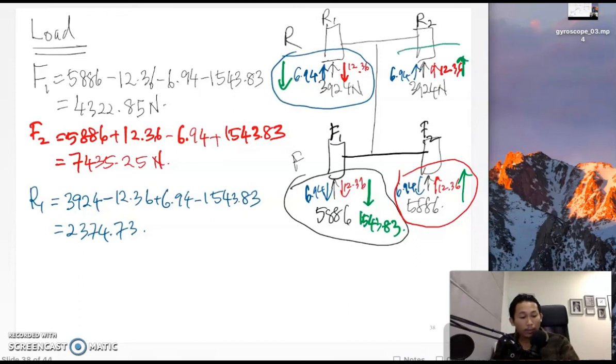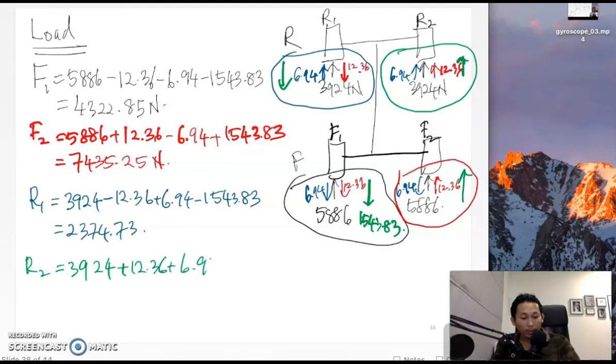Last one is R2, equal to 3924 plus 12.36 plus 6.94 plus 1543.83, which is equal to 5487.1.